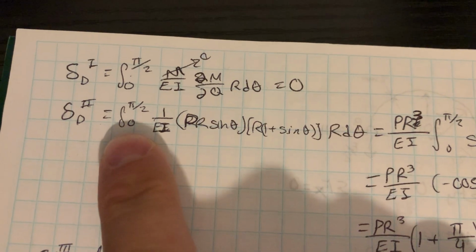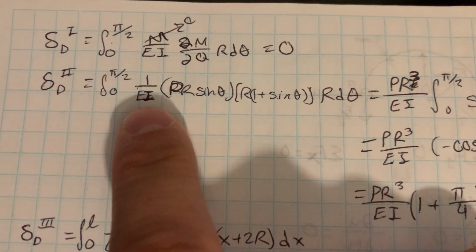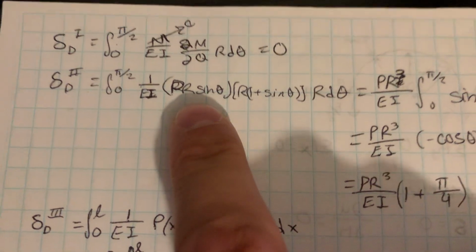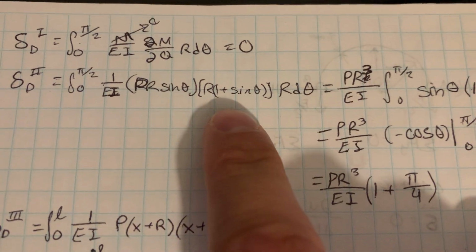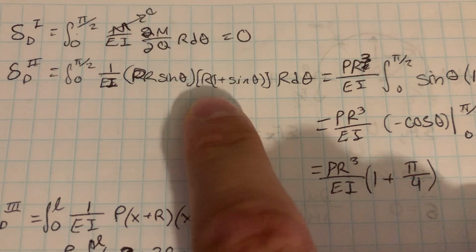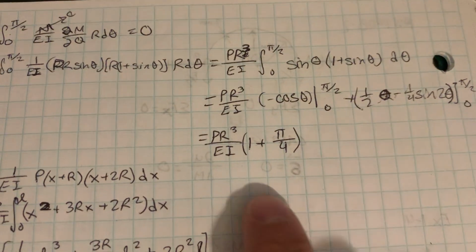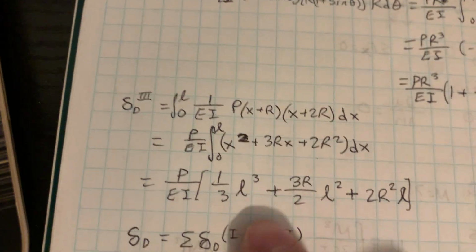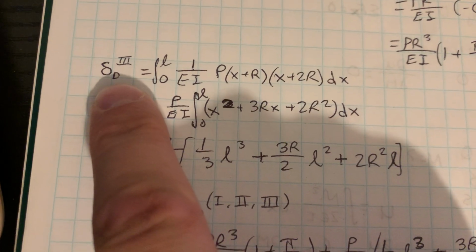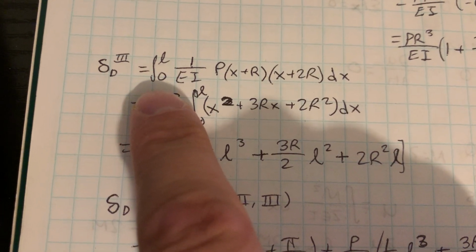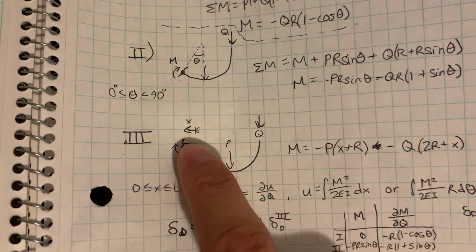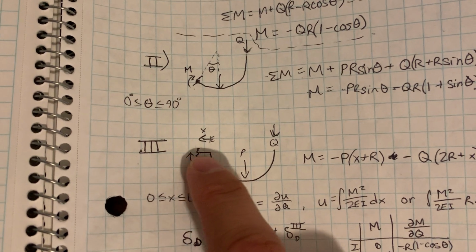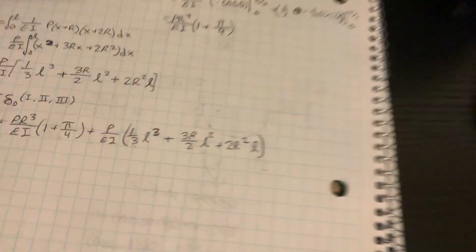So we have 0 to pi over 2, 1 over EI, then we have the moment, PR sine theta, times the partial derivative with respect to Q, R times (1 plus sine theta). We solve, we get this. And then section 3, we have the integral from 0 to L, because remember section 3 was on this horizontal, linear portion.